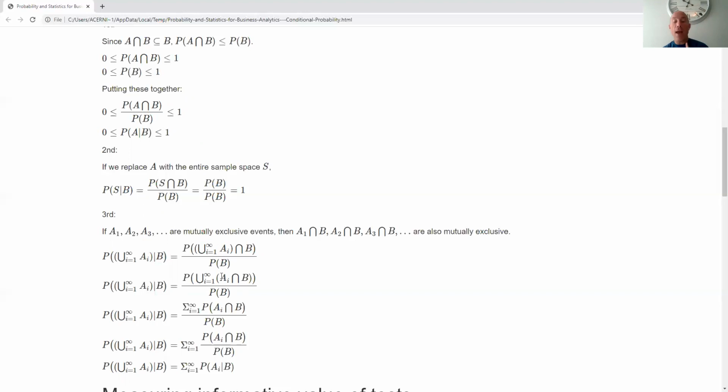Now, something to realize is that because all of the individual A's are mutually exclusive, it works out automatically that all of these intersections have to be mutually exclusive. I'm taking a union over a bunch of mutually exclusive events. Therefore, I can use the summation formula. I can pull that union out of the probability and convert it to a sum.